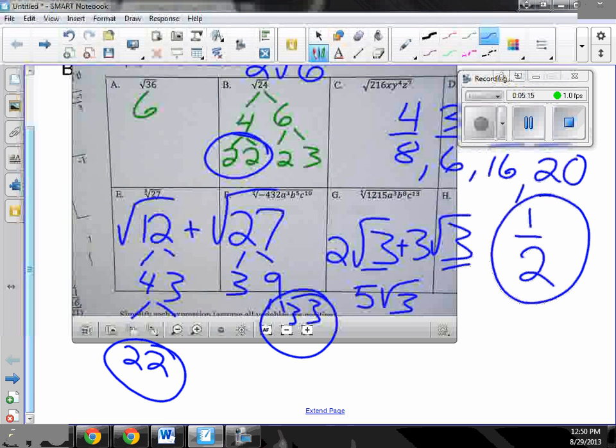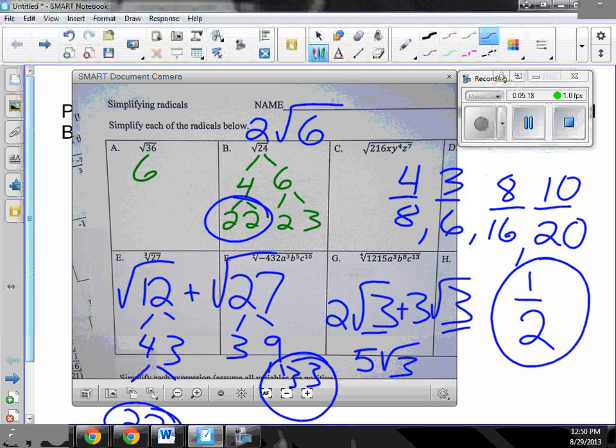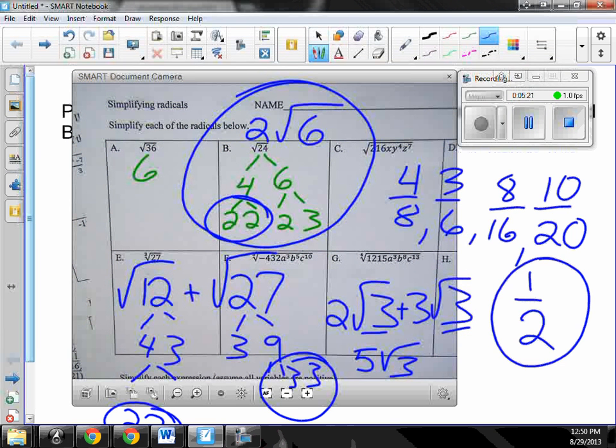So my next question is, what's really going on here? What allowed us to bring a 2 out? Why did we pull out a pair of numbers?